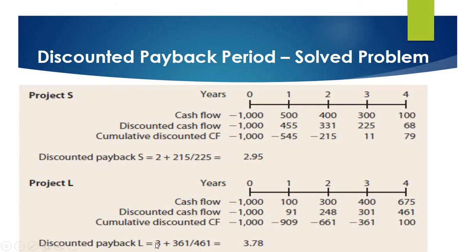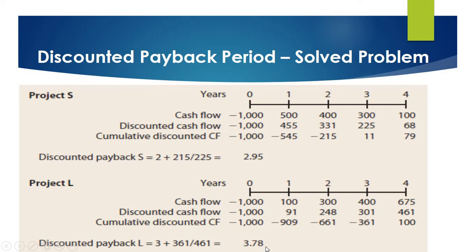Similarly, the discounted payback for project L is 3.78 years. Now, the maximum acceptable payback for both projects is 3 years. In this case, project S should be accepted and project L should be rejected, because project L has a discounted payback of 3.78 years, which is more than 3 years.